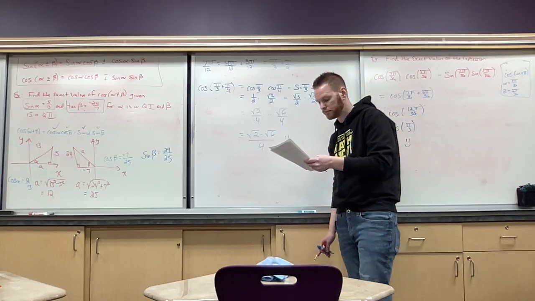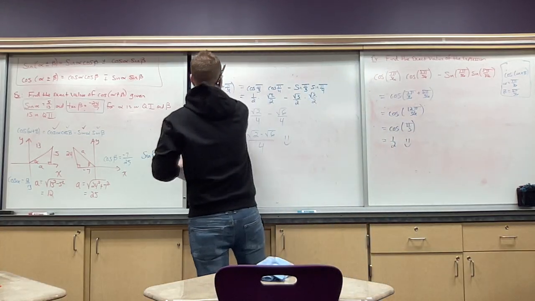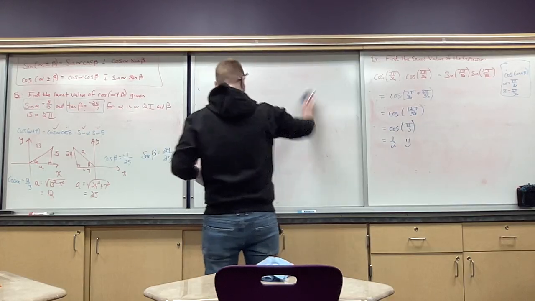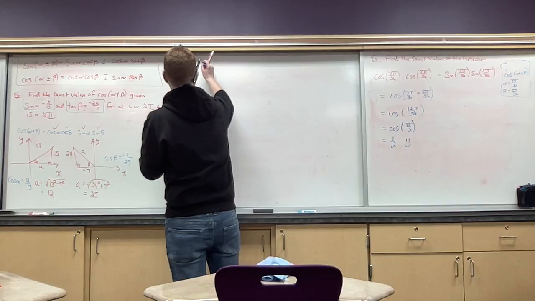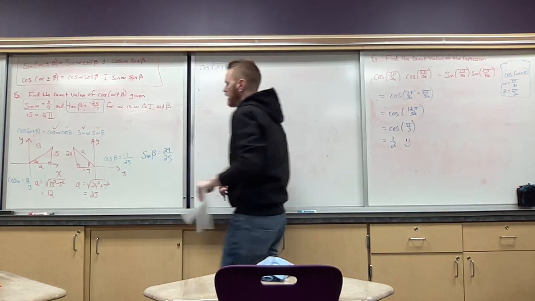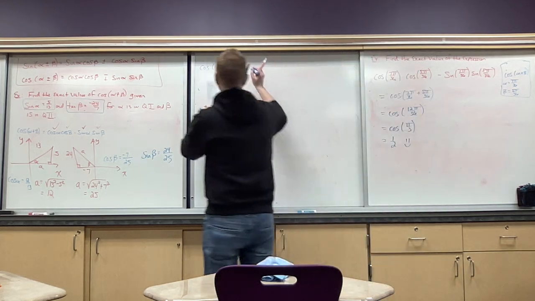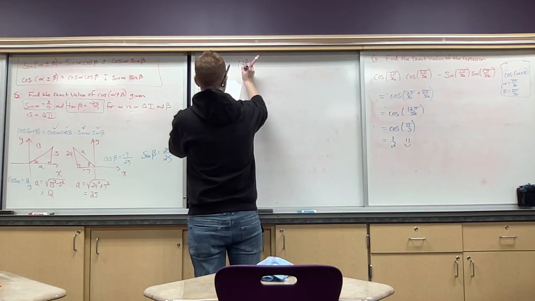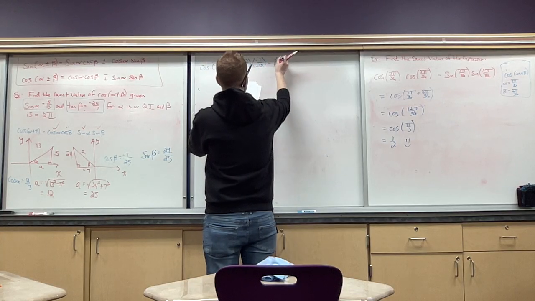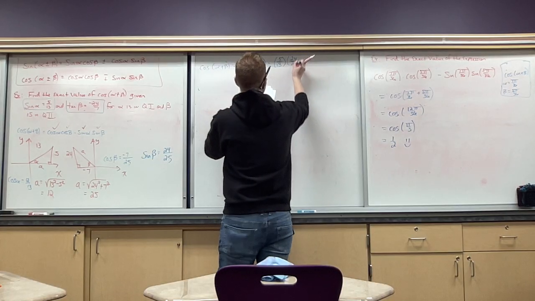Now I can put it all together. Okay, I'm out of space on that board. I'll put it over here. Okay, so we're gonna have cosine of alpha plus beta. And I'm gonna go ahead and plug all those values in now. So this is what we get. So 12 over 13, -7 over 25, minus 5 over 13, and then 24 over 25.